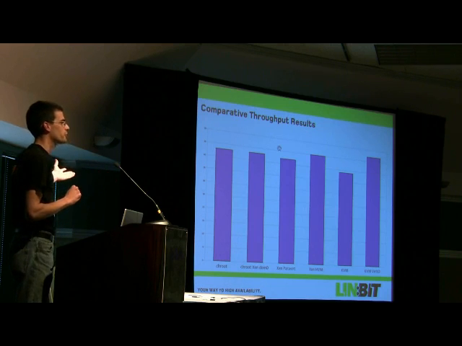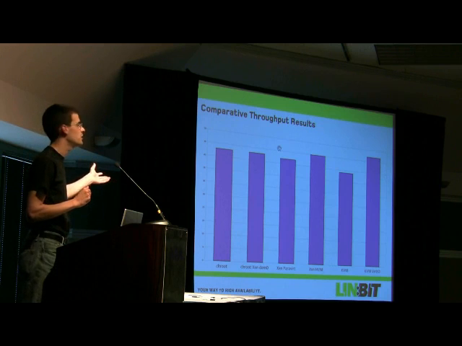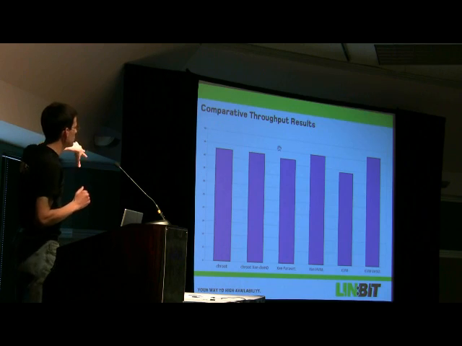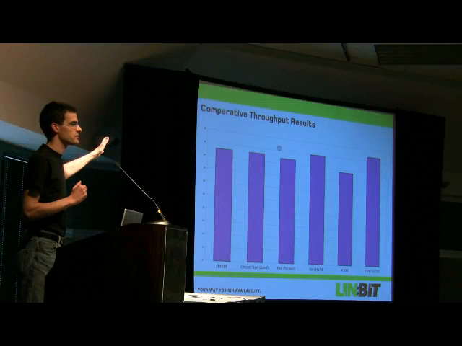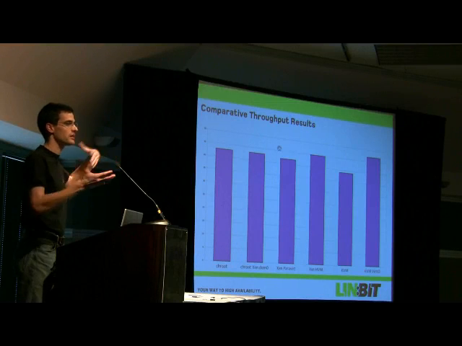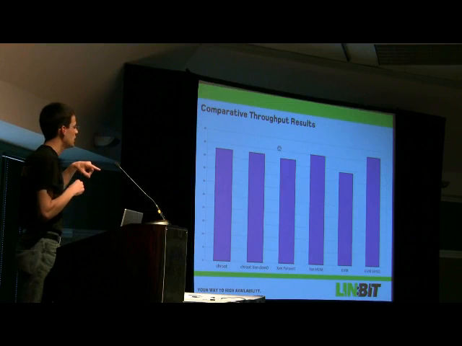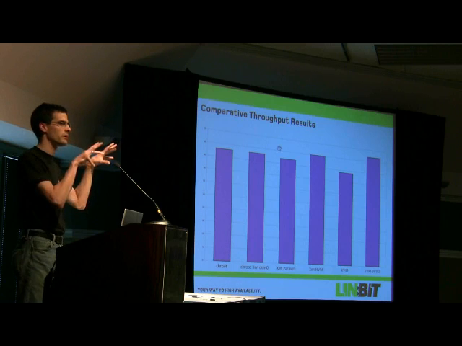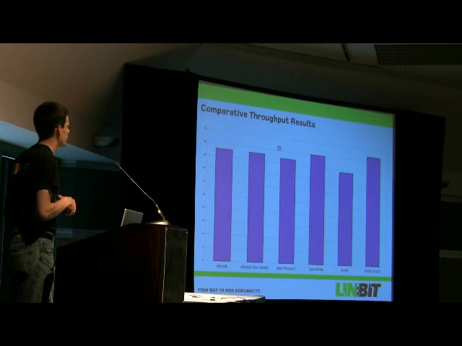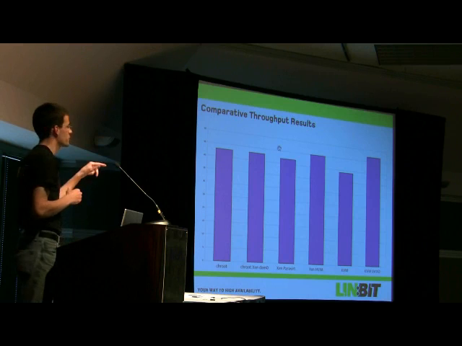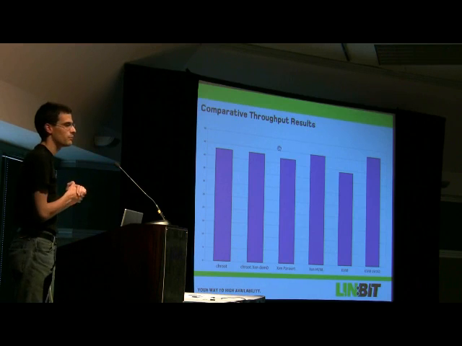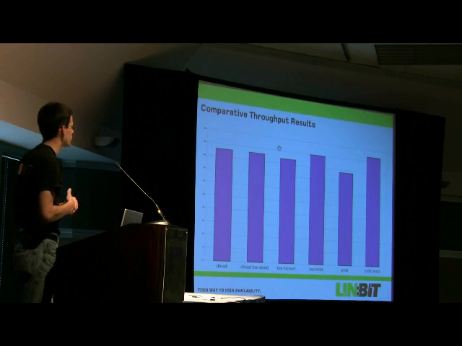One was with a regular 2.6.27 Linux kernel, that's on the extreme left, and the second from the left is that same thing in the Xen domain 0 kernel, because there are slightly different implications as far as handling of I/O in a Xen domain 0 kernel is concerned. There's actually not much difference here. We're going to see a bit greater difference when we talk about latency later on.